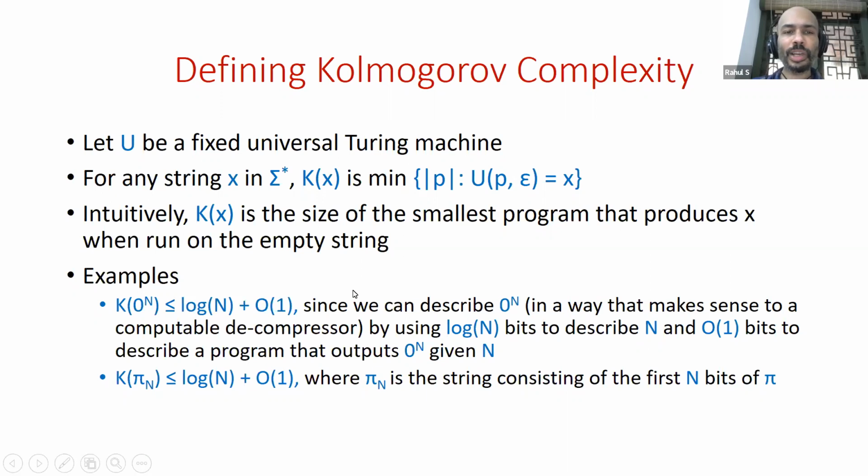Why is this? In order to show this, all we need to do is give some program of size log n plus order 1, such that this program on the empty string, the universal machine is going to output 0 to the n. We can do that, informally, by describing n itself in binary using log n bits, or ceiling of log n bits, and order 1 bits to describe a program which, given the description of n in binary, will get the unary description, this 0 to the n, and then just output that.